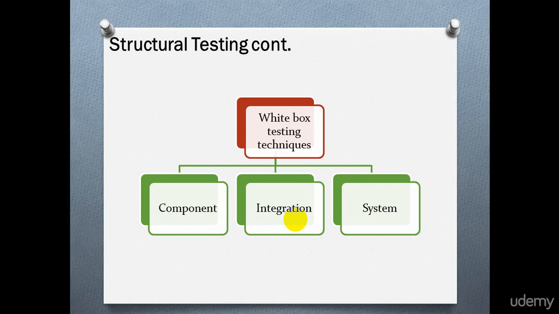At integration level, the testing will focus on module level, such as a procedure calling another procedure. And at system level, the testing would focus on the system as a unit, for example, a business process or a web page structure.